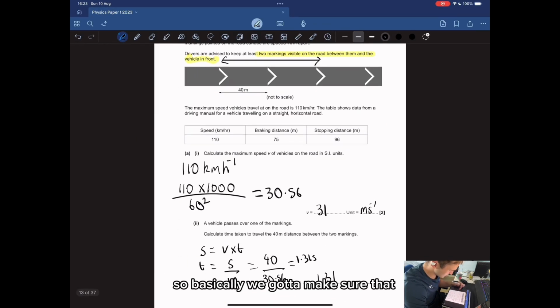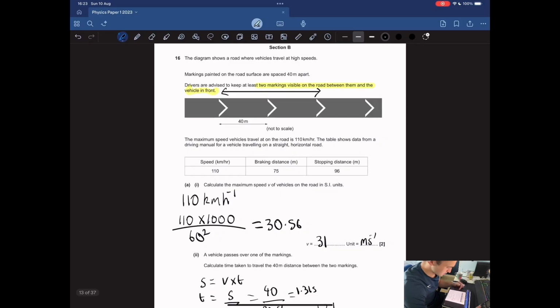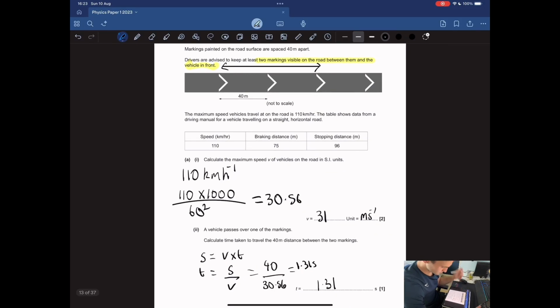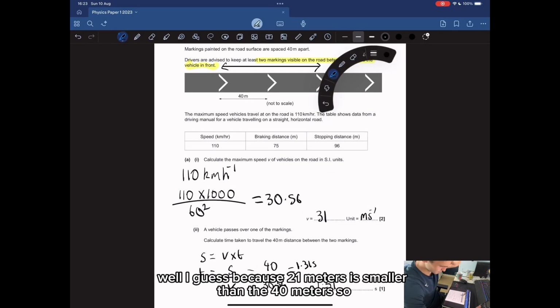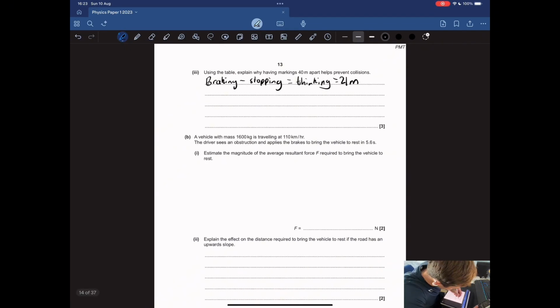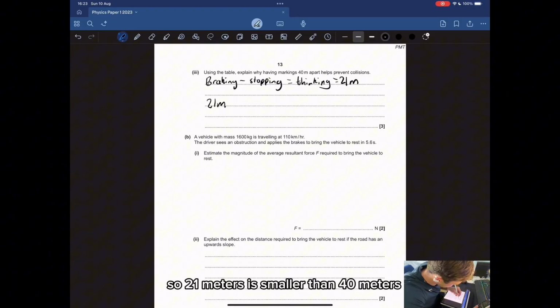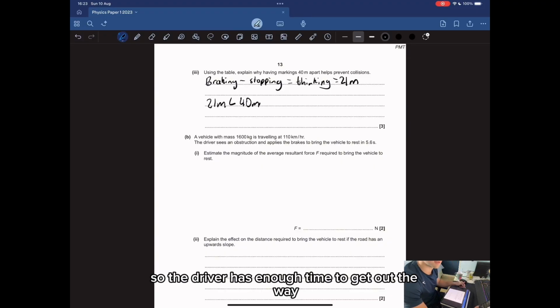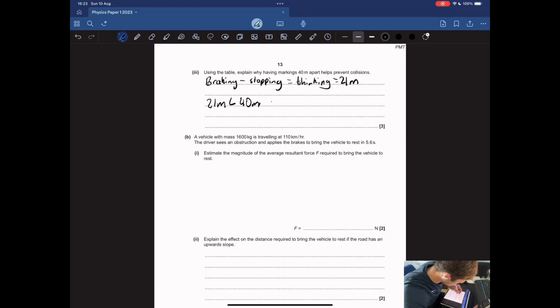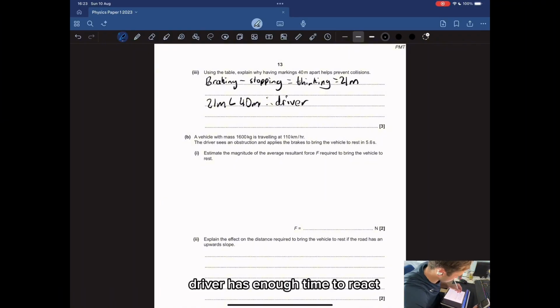21 meters is smaller than 40 meters, which is the distance between each chevron, so the driver has enough time to react and get out of the way.